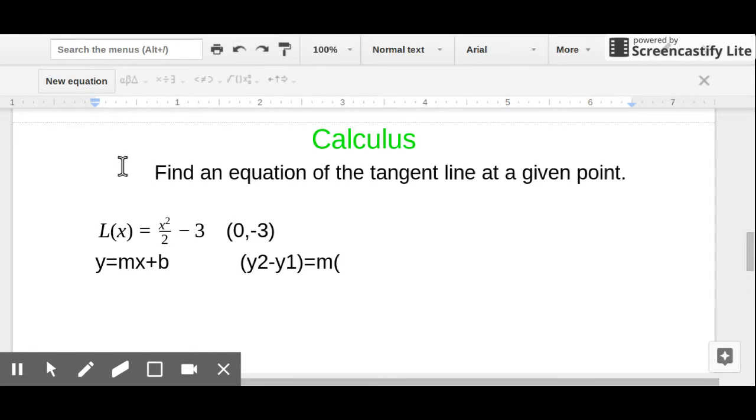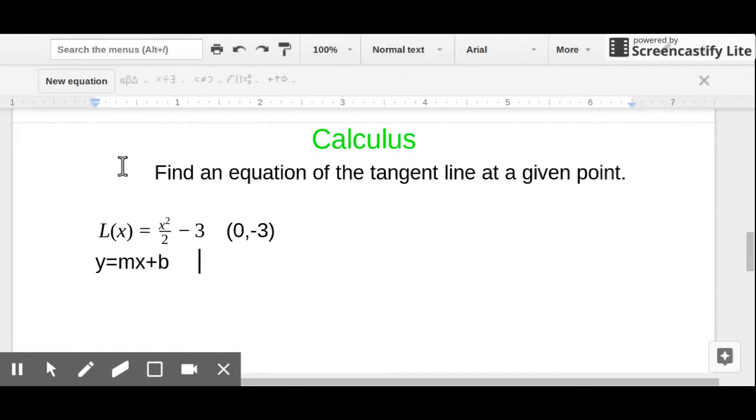But we're just going to use the slope-intercept form. The slope is m, and then your intercept. We'll use that. We'll work an example maybe in the next one using the point slope form.